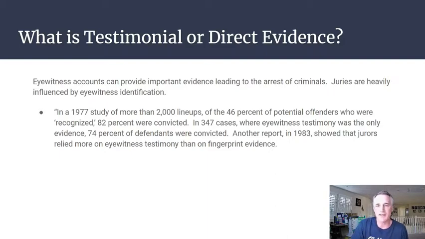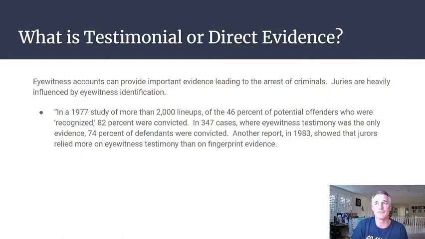In 347 cases where eyewitness testimony was the only evidence, 74% of the defendants were convicted. In other words, they had no other evidence except one person's word or an eyewitness testimony against them, and there was a 74% conviction rate. Another report in 1983 showed that jurors relied more on eyewitness testimony than they did fingerprints.